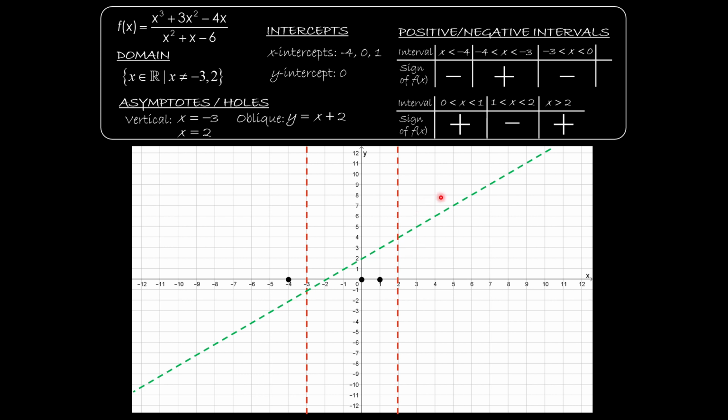So it all comes down to the positive, negative intervals at this point. And when we're using x values below -4, our function should be negative. Okay, now how are we going to do that? Well, we need values to be negative when our x values are less than -4. So we're going to be looking at down here. Now we have to follow this asymptote. So our graph is probably going to be following along that asymptote and staying negative right up until we hit that x-intercept.